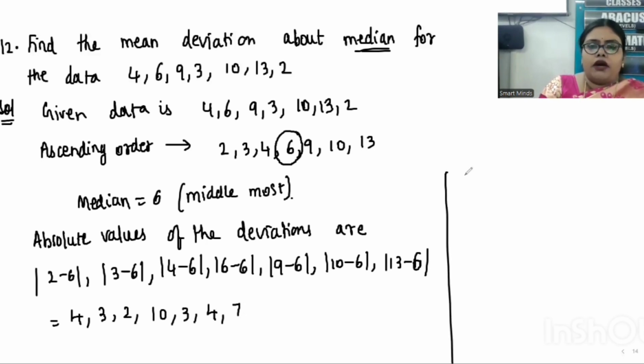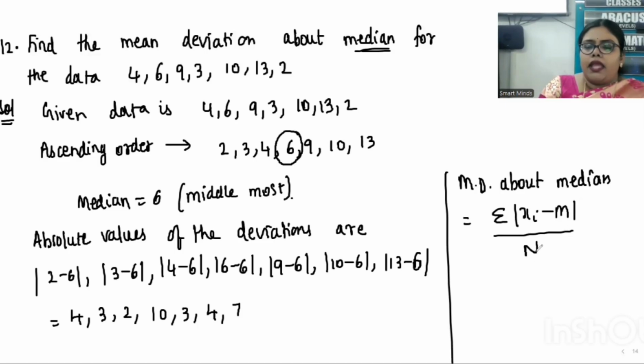Now we need to find out mean deviation about median. Mean deviation about median is sum of these absolute values divided by total number of observations. So that is sigma mod xi minus M by n.